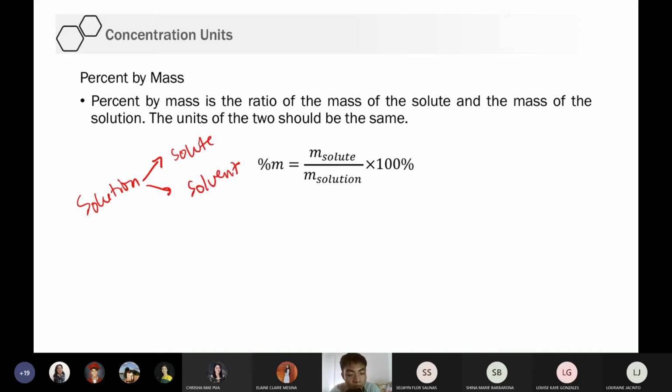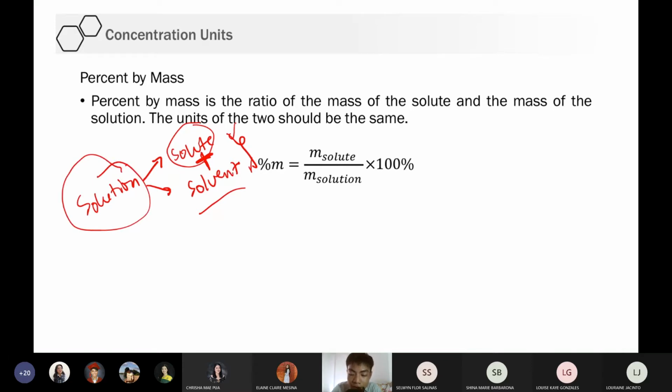Kapag ang binigay sa inyong mass ay mass ng solute pati mass ng solvent, ang numerator ay yung solute, ano yung denominator? Hindi yung solvent lang, kailangan kasama yung solute, because the two will make up the mass of the solution. You have to be careful with that.